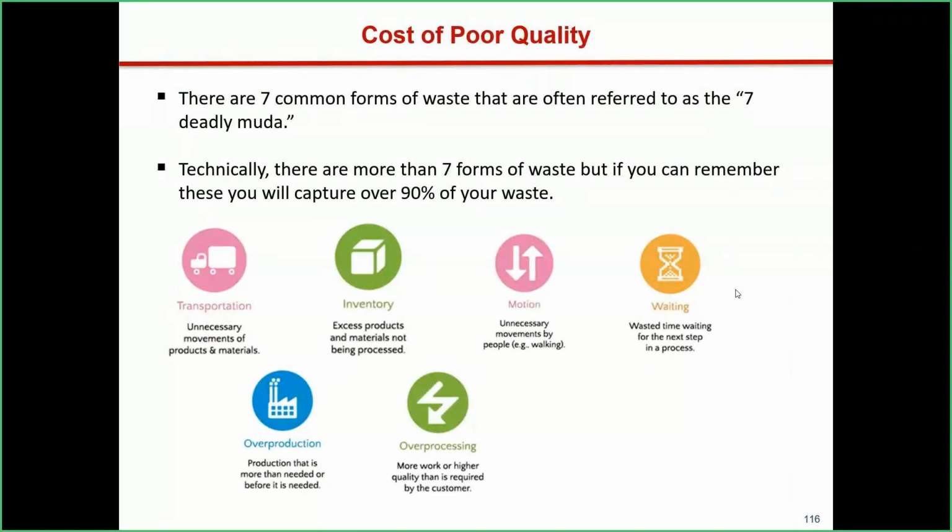Overprocessing: more work or higher quality than is required by the customer. Defects: effort caused by rework, scrap, and incorrect information. So if you are able to identify these seven forms very clearly, you will be able to capture 90% of the waste in your system very easily.